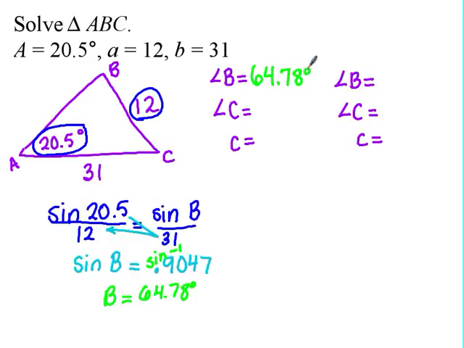But then I notice there's a second angle B. How you find the second angle B is you take 180 degrees minus 64.78. So to find this, you are always taking 180 minus angle B. That's something to file away.